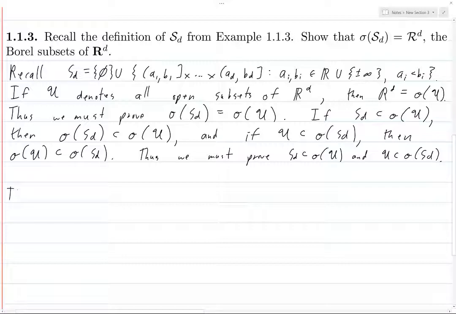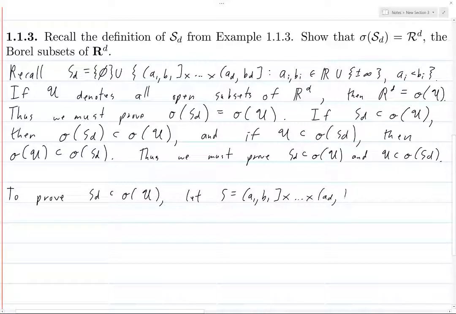Okay, so let's start. To prove that S_D is contained in the sigma field generated by U, let S, (a1, b1] all the way up to (aD, bD], be some element of S_D. Let U be (a1, b1) crossed all the way with (aD, bD).